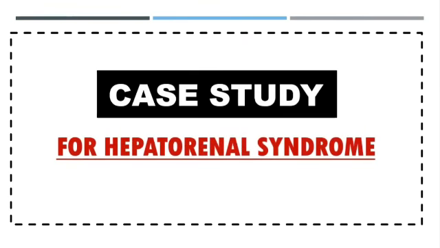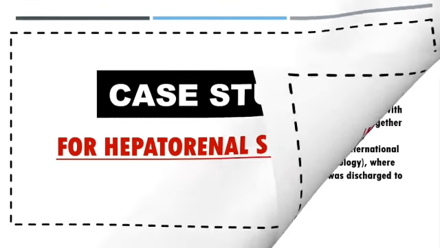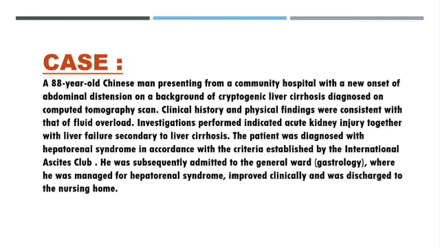Now move towards the case study related to this disease, hepatorenal syndrome. The case states that an 88-year-old Chinese man presented from a community hospital with new onset of abdominal distension on a background of cryptogenic liver cirrhosis diagnosed on computed tomography scan. Clinical history and physical findings were consistent with fluid overload.